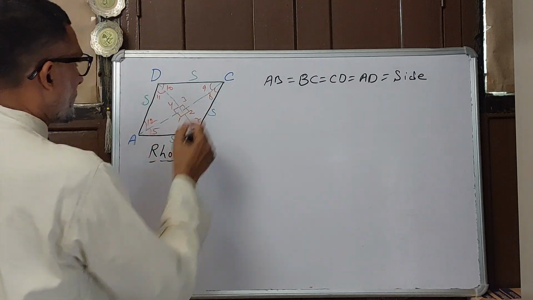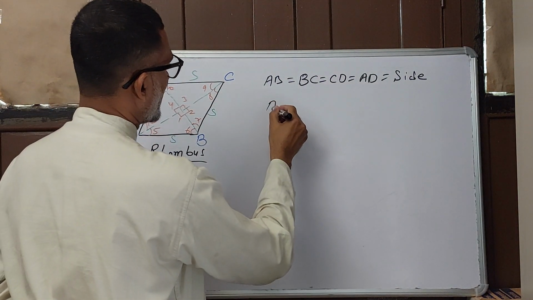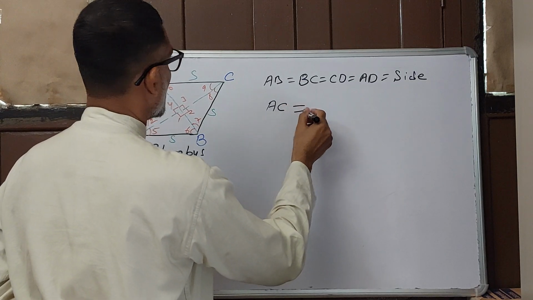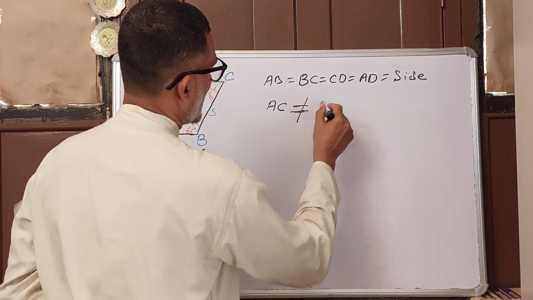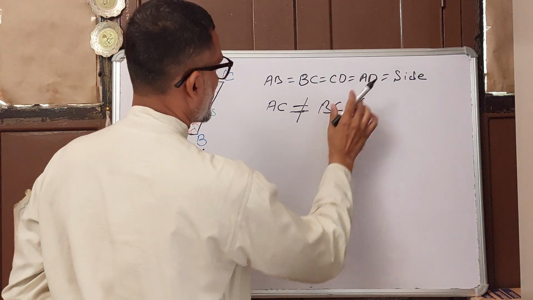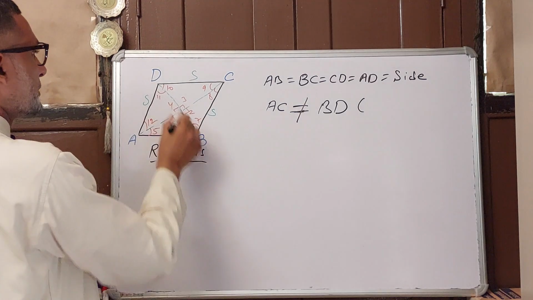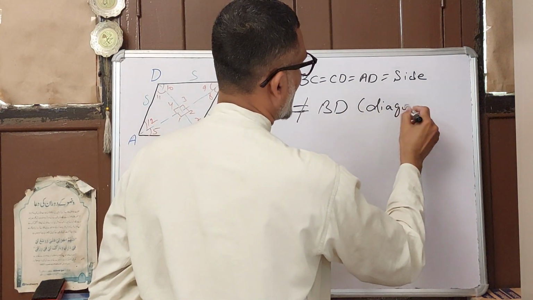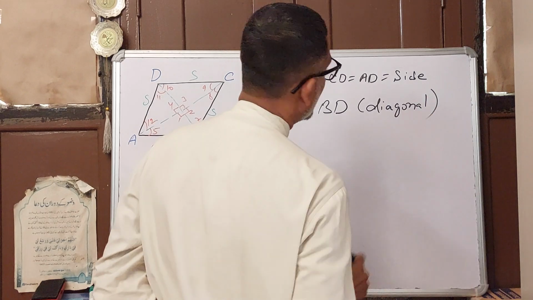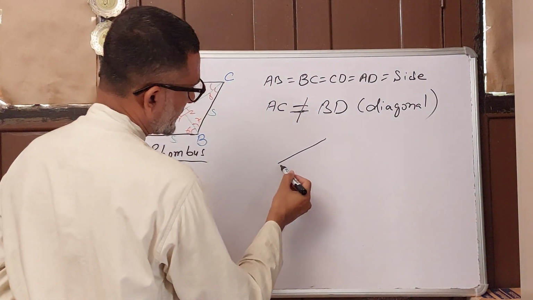What do we see now about the diagonal? Here vertex A and vertex C meet at AC, and AC and BD are not equal. The diagonals BD and AC are not equal. Why not equal? Because it's bending. How much does the angle bend?